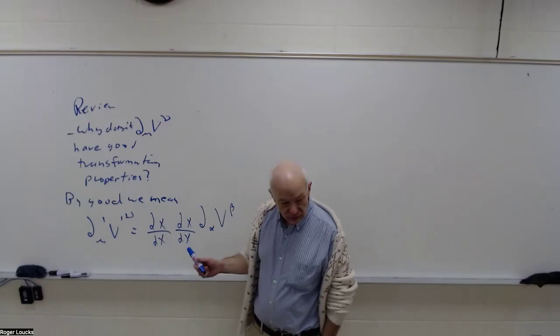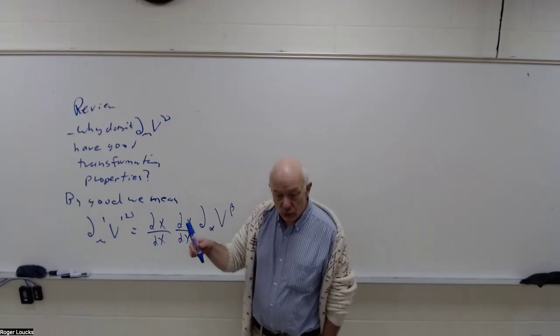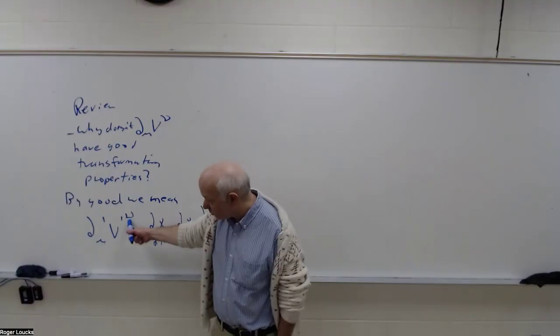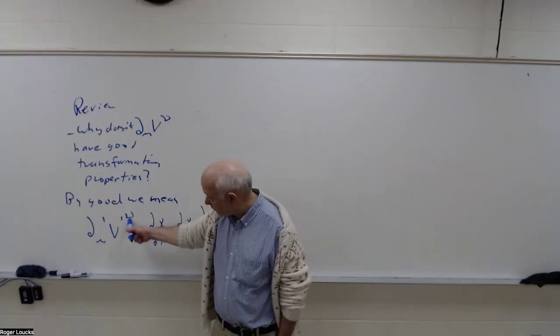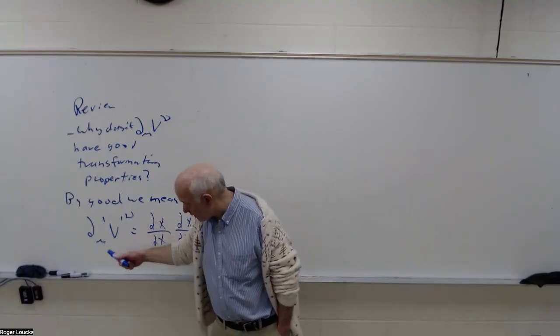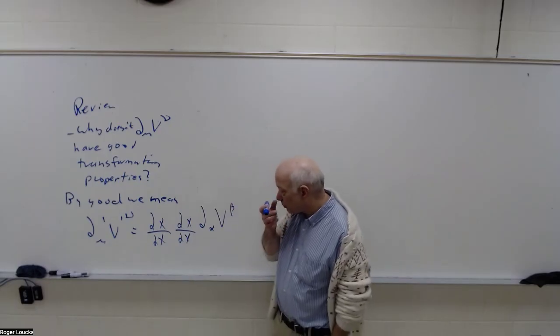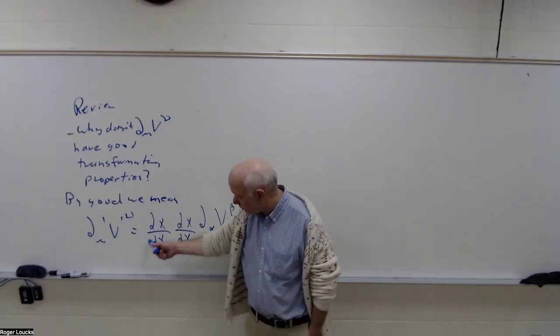Again, when you do these, just deal with one index at a time. So let's do the new index first. Just at the new index, let's forget all about that mu. I just said the new index, how to decorate that. Cover this up.